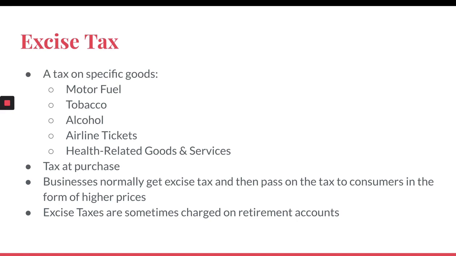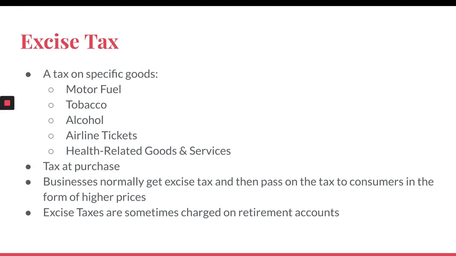And then excise taxes are sometimes charged on retirement accounts. So a 6% excise tax is applied to excess individual retirement account contributions, IRA contributions, that are not corrected by the applicable deadline. A 10% excise tax penalty applies to distributions from certain IRAs, qualified plans, or 403(b) accounts when an investor makes withdrawals before age 59.5.